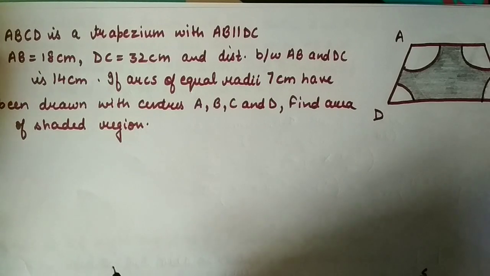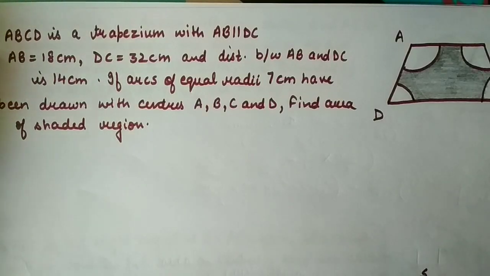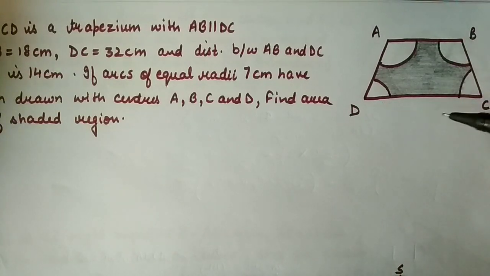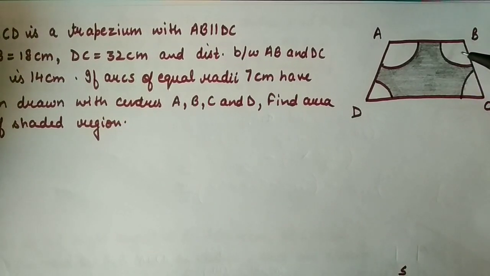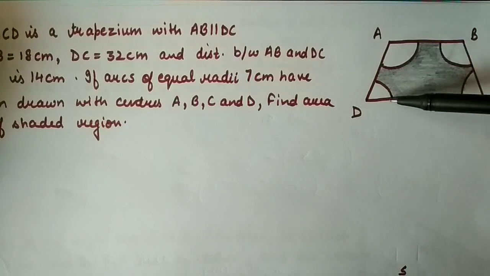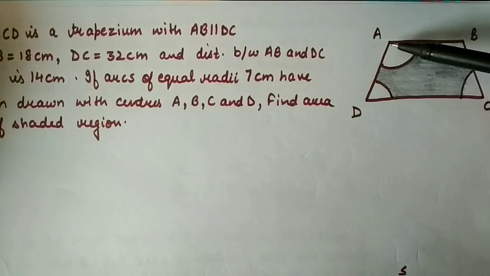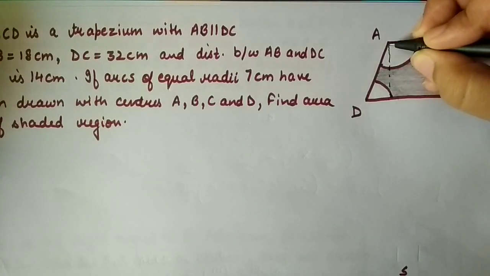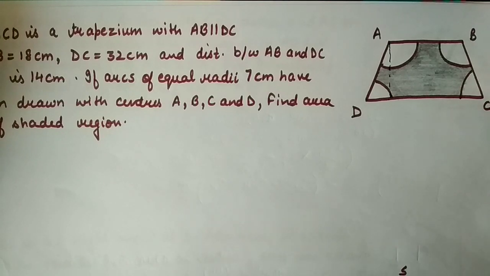In fourth question, a trapezium ABCD is given, and it is given that AB is parallel to DC, and the length of AB and DC is given to be 18 centimeter and 32 centimeter respectively. We have, and the distance between AB and DC is 14 centimeter. Distance between AB and DC means this height is given to be 14 centimeter.